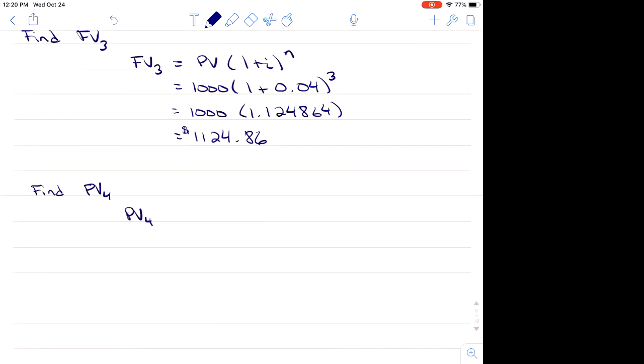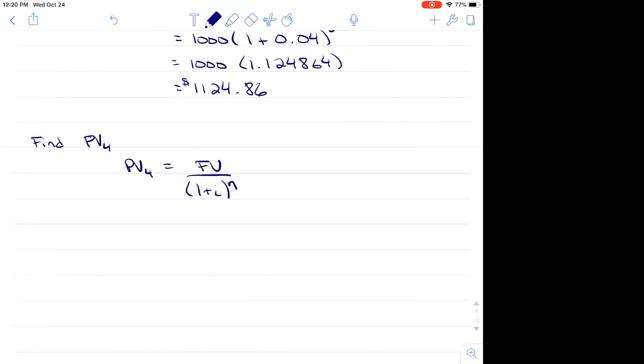Present value 4 is the future value over 1 plus I to the n. The future value is 2x over 1 plus 0.04 to the power of 3. 1.04 to the power of 3 is still 1.124864, so 2x over 1.124864.